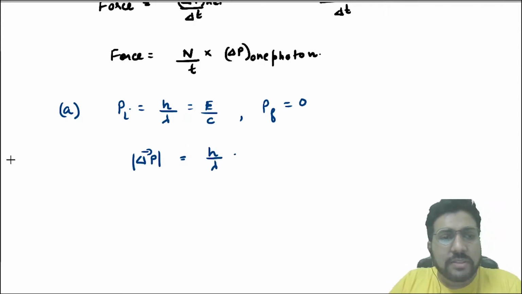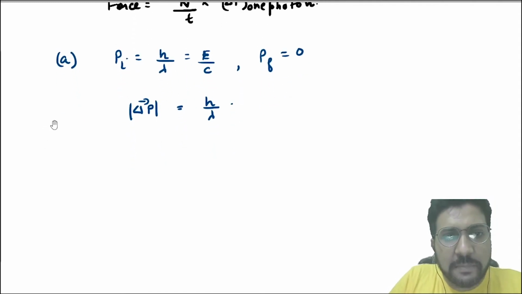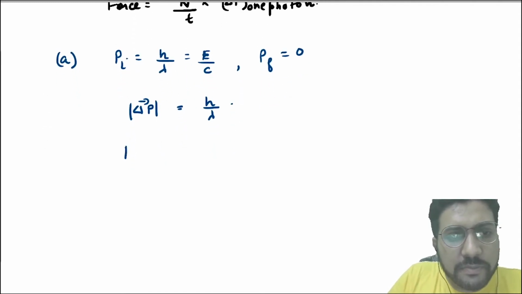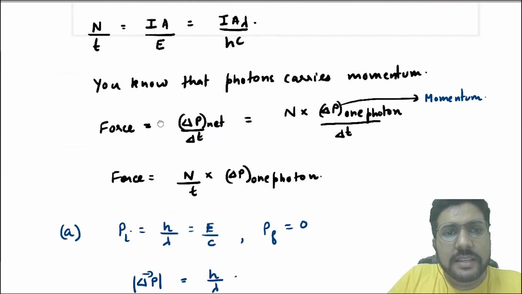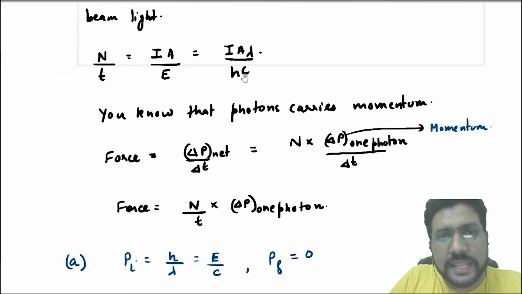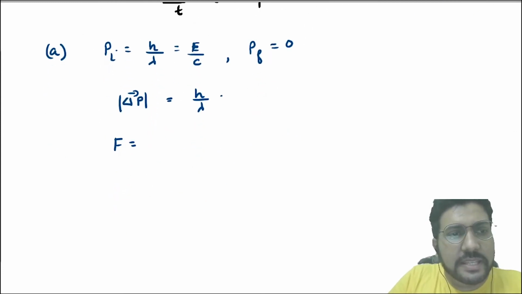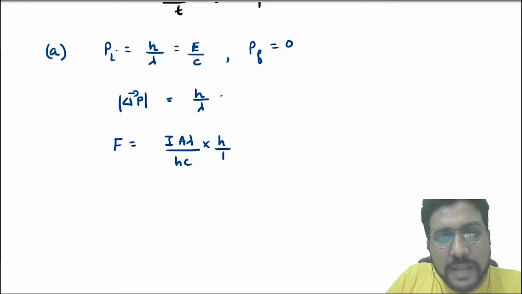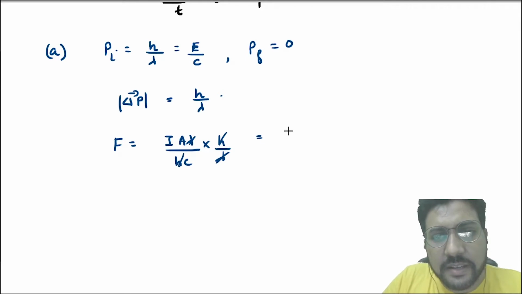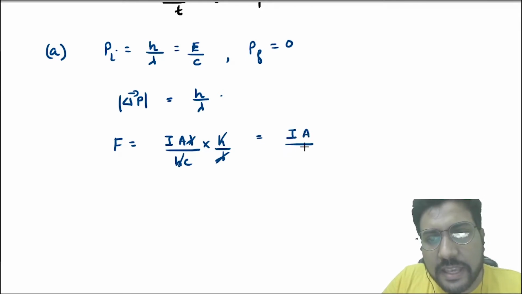Now calculating the force is very simple. N by t is I a lambda by hc, multiplied by h by lambda. h cancels, lambda cancels, and it comes to I a by c.